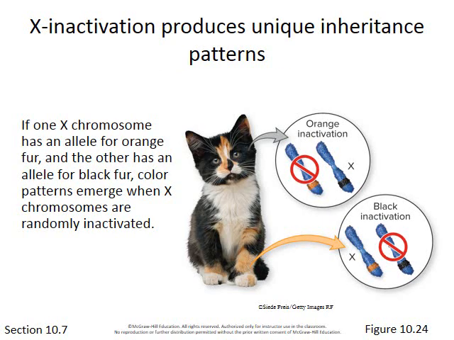Now, when this takes place, you will see this multicolor example of the fur. And so, if one X chromosome has the allele for orange fur, and the other has an allele for black fur, color patterns can emerge when X chromosomes are randomly inactivated.